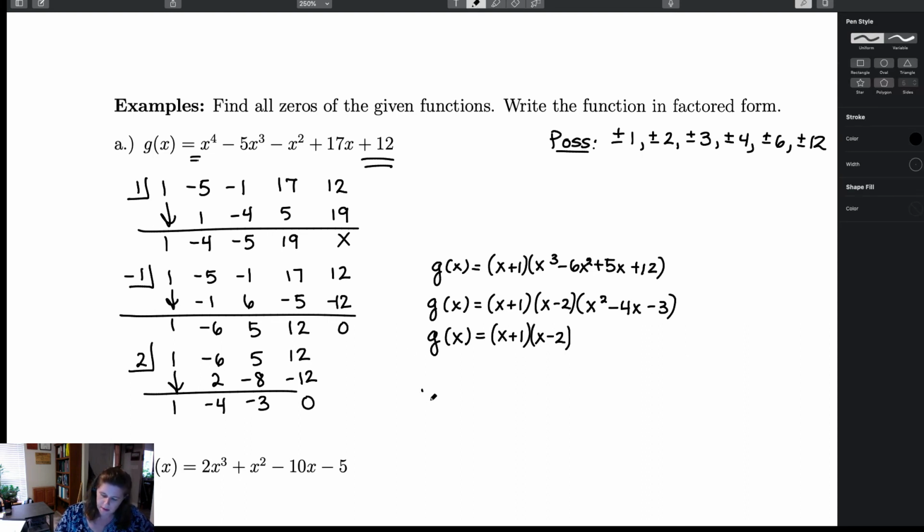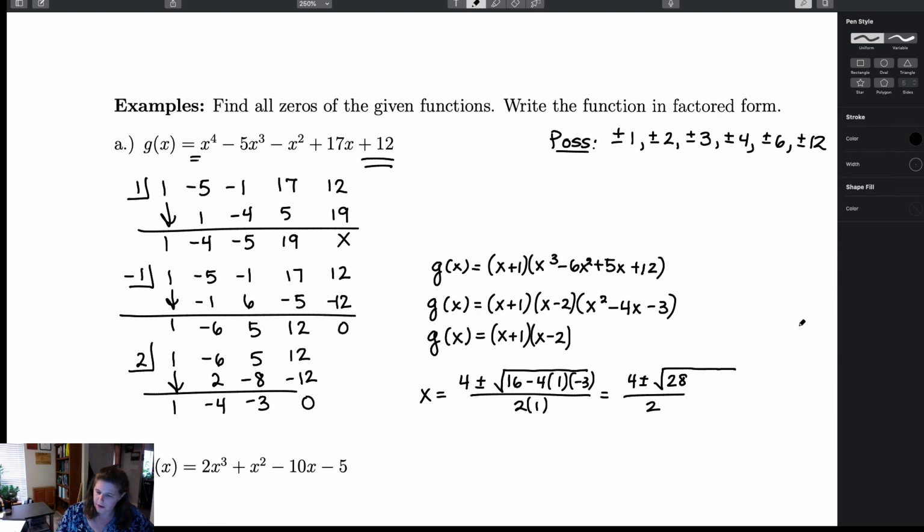So x is equal to -b, so 4, plus or minus the square root of b squared minus 4 times a, which is 1, times c, which is -3, all over 2 times a. 4 plus and minus the square root. 16 plus 12 gives me 28 over 2.